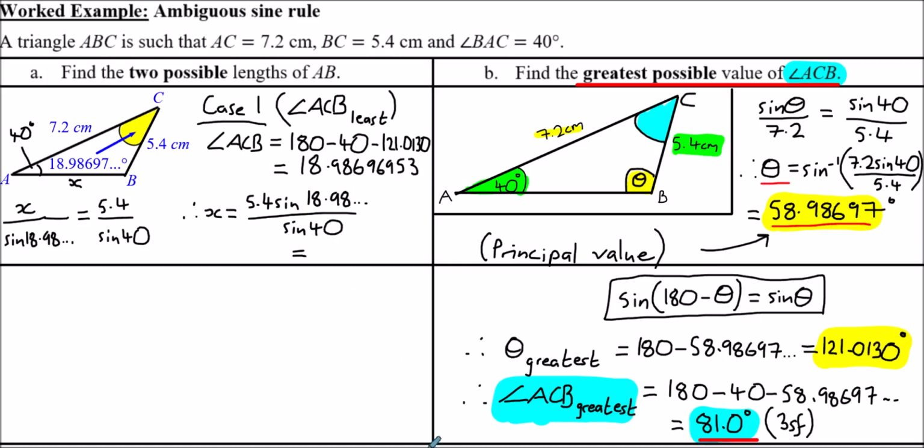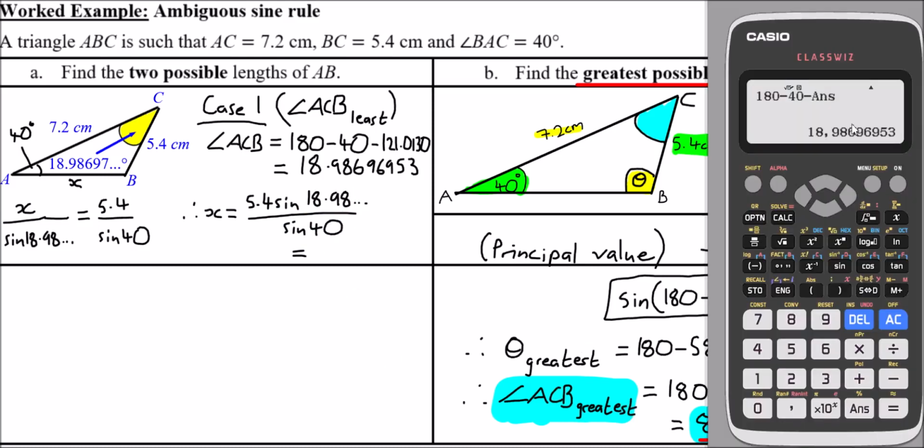So if we use a calculator to work this one out, I've got this number stored perfectly, stored as the answer. So 5.4 times the sine of that stored value, all divided by the sine of 40.